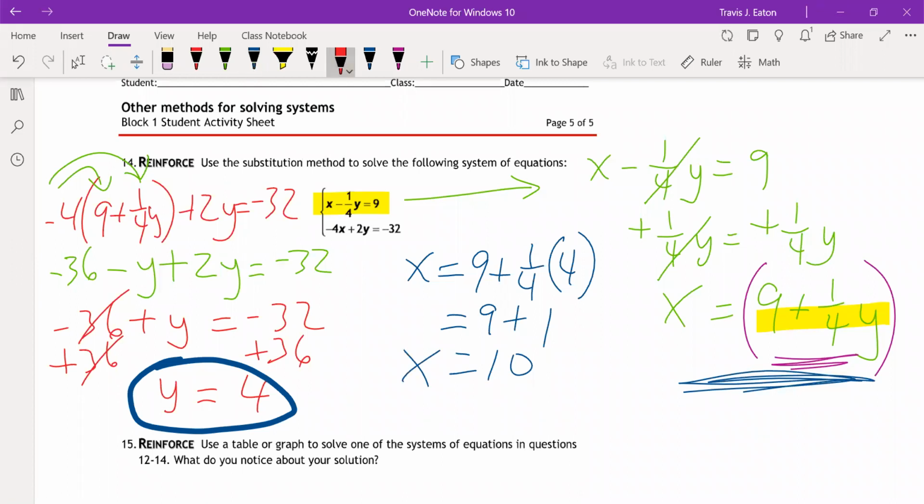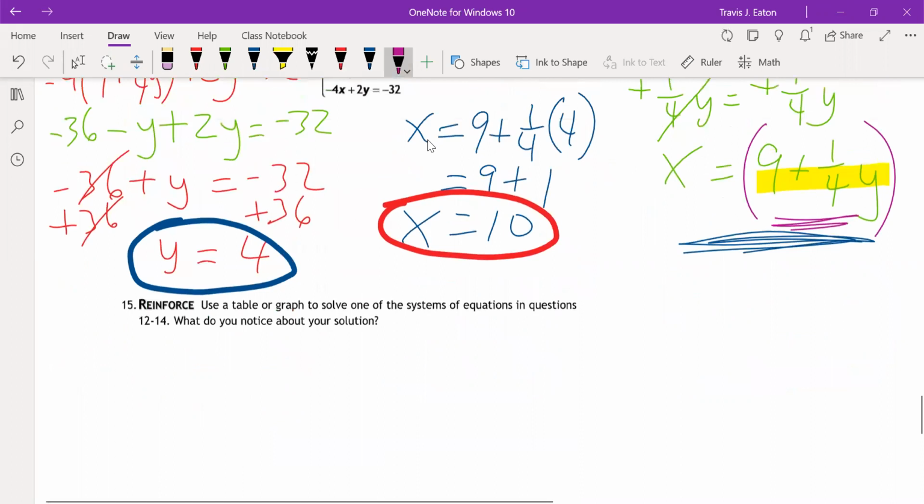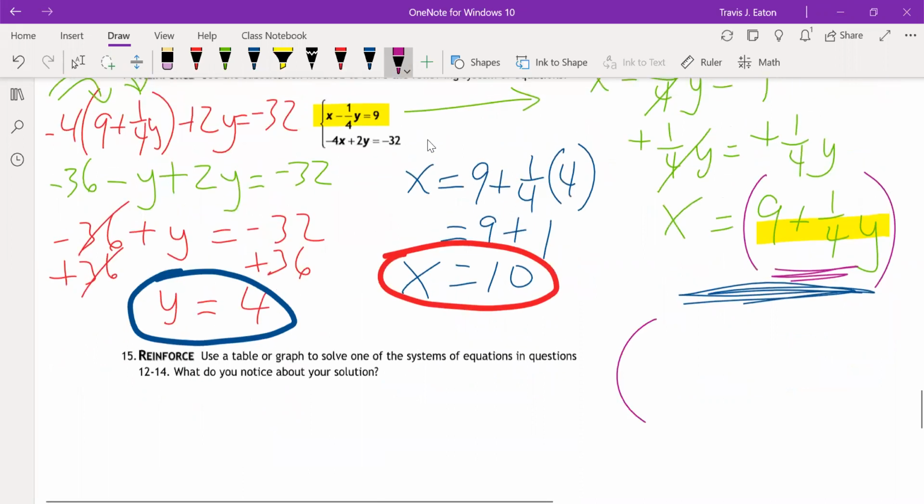We have found our two values. X is 10 and y is 4. So we can write our system of equations solution as an ordered pair. X is 10 and y is 4.